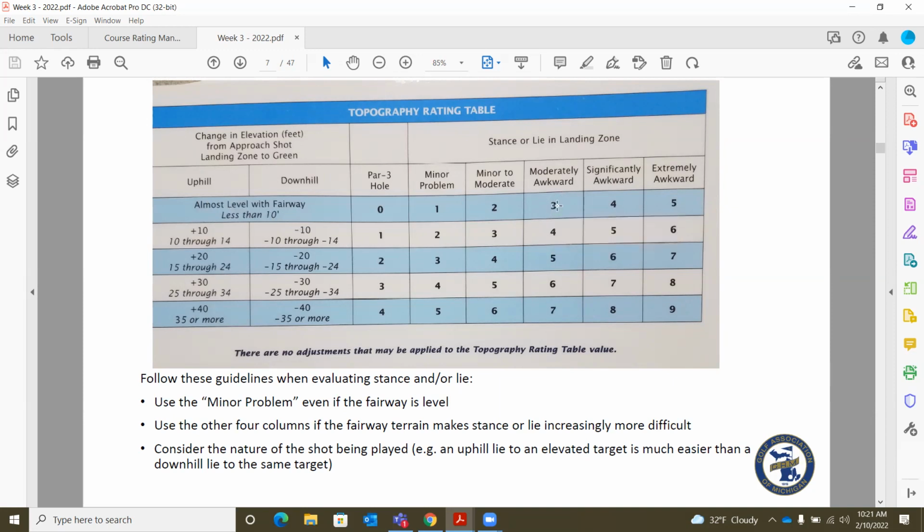So we have a value of 3. But then on the next one, our approach shot to the green, we might be uphill 40 feet, but it might just be a minor problem. And so in that case, we'd have a value of a 5 here, and then a value of a 3. And in that case, which we do for a lot of obstacles, we will take the higher value. So on our Form 1, if we had that, we would write down a 5 and not a 3, because we're going to take the higher value there.